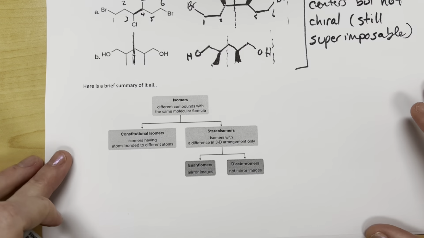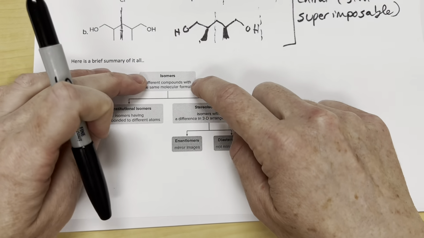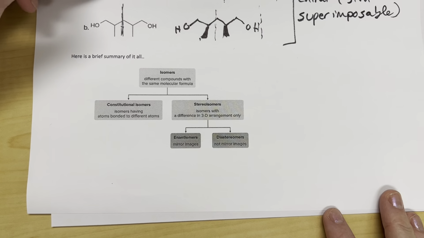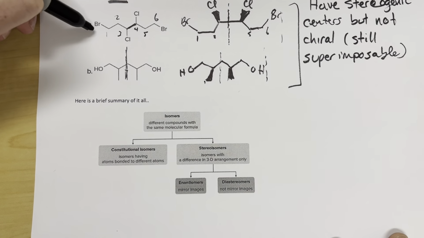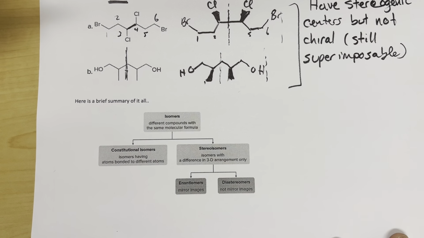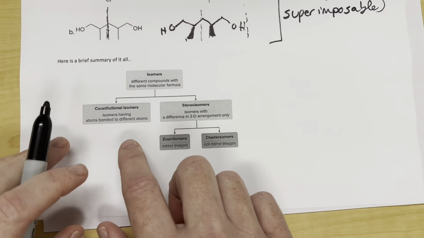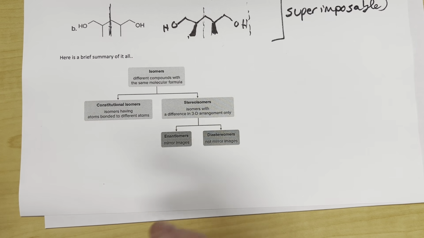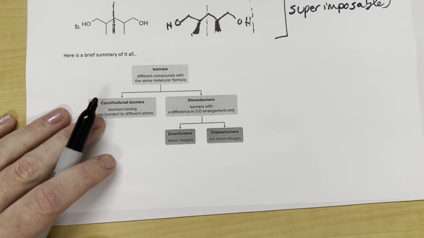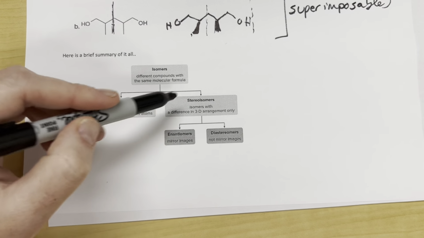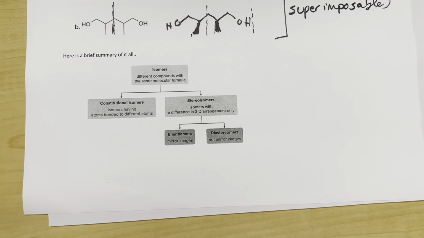Okay, so here's a brief summary of it all. We have isomers, right? We talked about constitutional isomers. Constitutional isomers would be if this bromine right here was maybe up here instead. That would be a constitutional isomer. So when atoms are bonded to different atoms in a different way, that's a constitutional isomer. Stereoisomers are isomers that have a different three-dimensional arrangement, right?